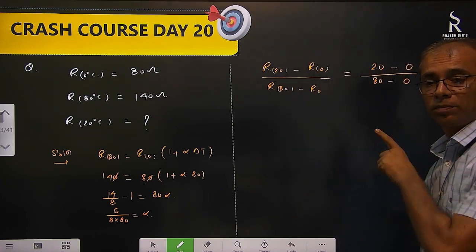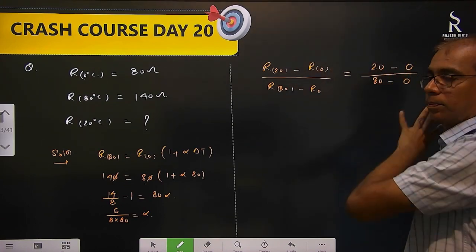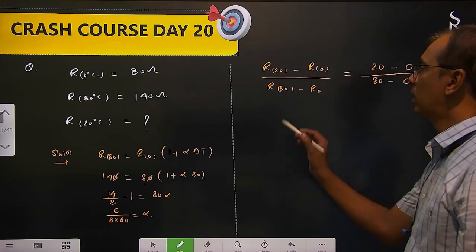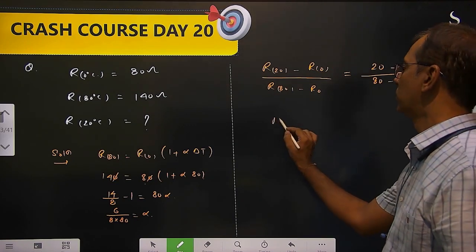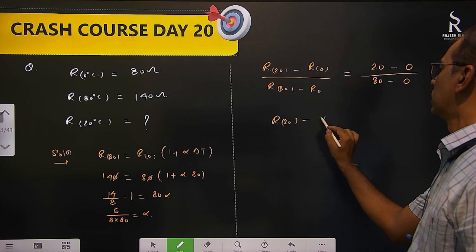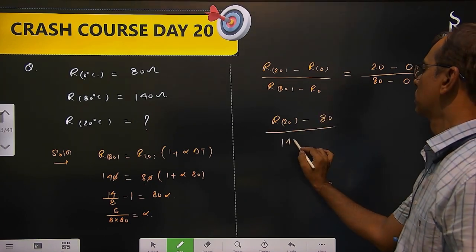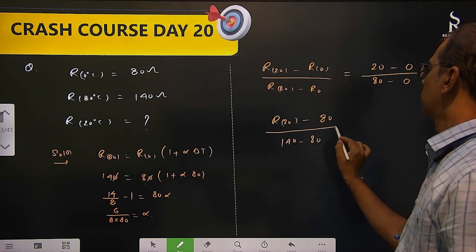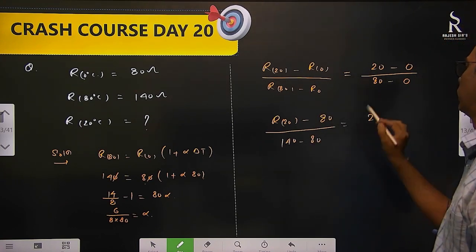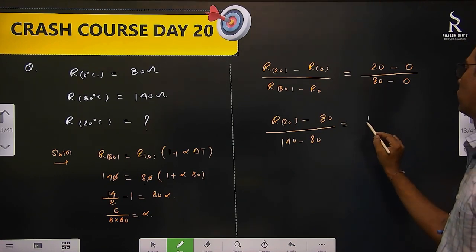If you remember, the same thing we did in thermal properties. Here we wrote length, here we wrote temperature. So R at 20 we are calculating. So let it be like this only. R at 0 given is 80. Here 140, here 80, and here is 20. Already we have written. So 20 minus 0 by 80, that is 1 by 4.